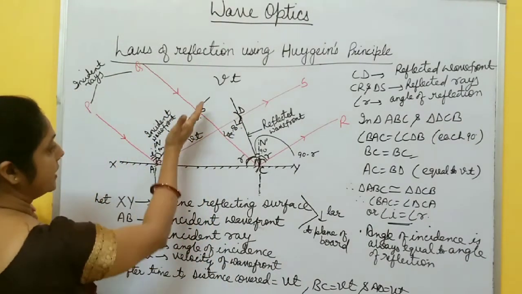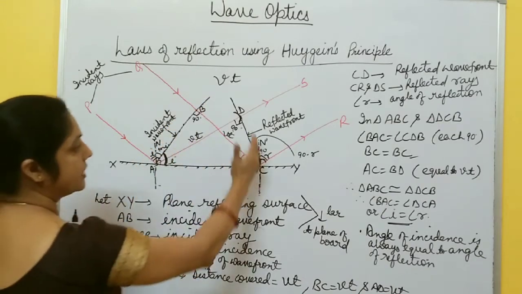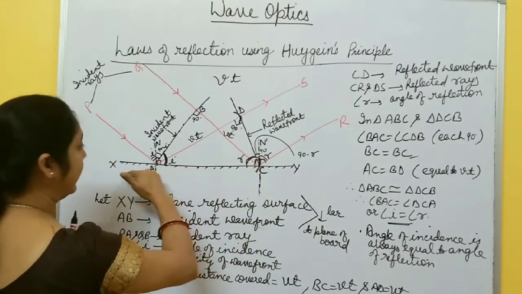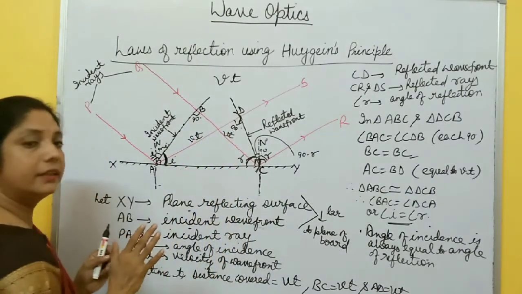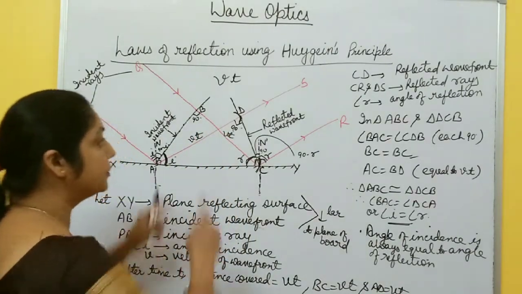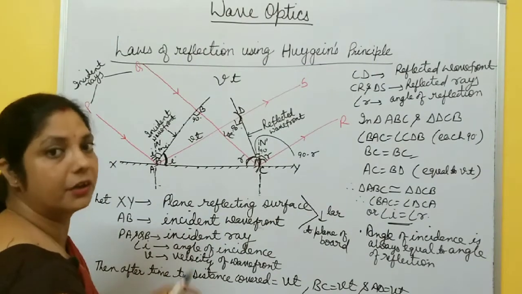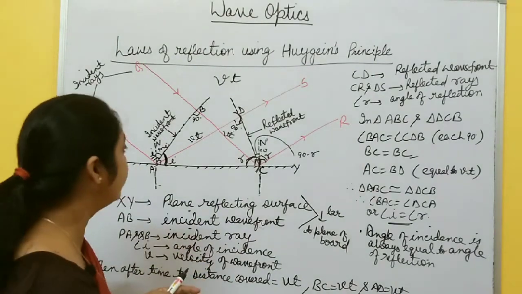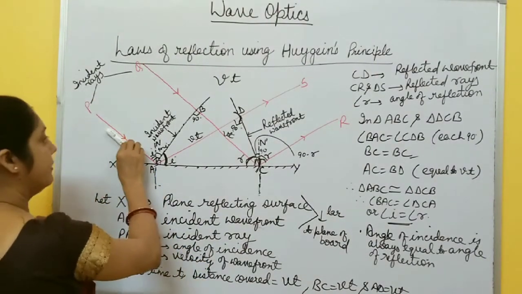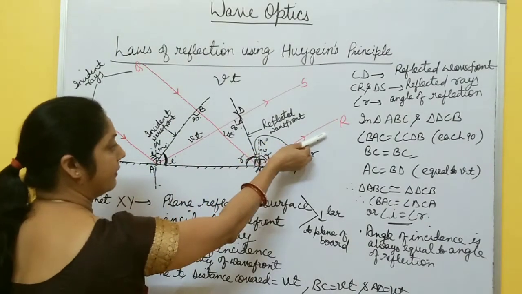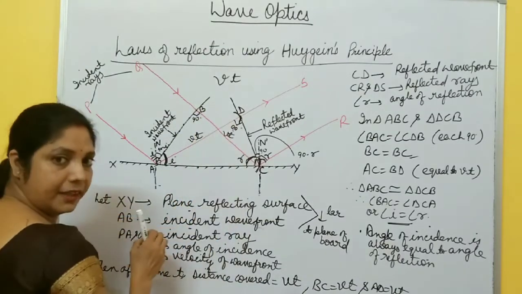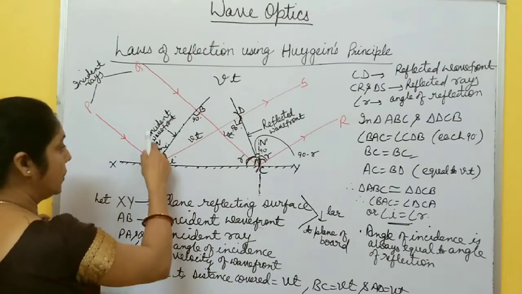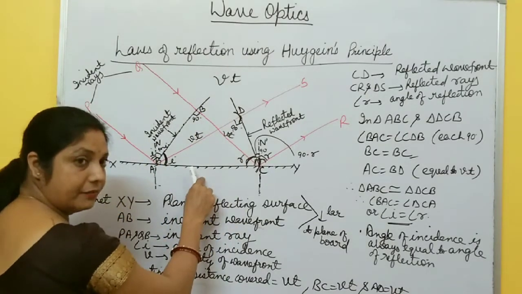Here, this one is incident wavefront AB, CD is reflected wavefront, and XY is reflecting surface. All these three are perpendicular to this plane of board, or in your copy, plane of paper. And this incident ray, this reflected ray, both are perpendicular to the incident wavefront, reflected wavefront, and also normal is perpendicular to this reflecting surface.